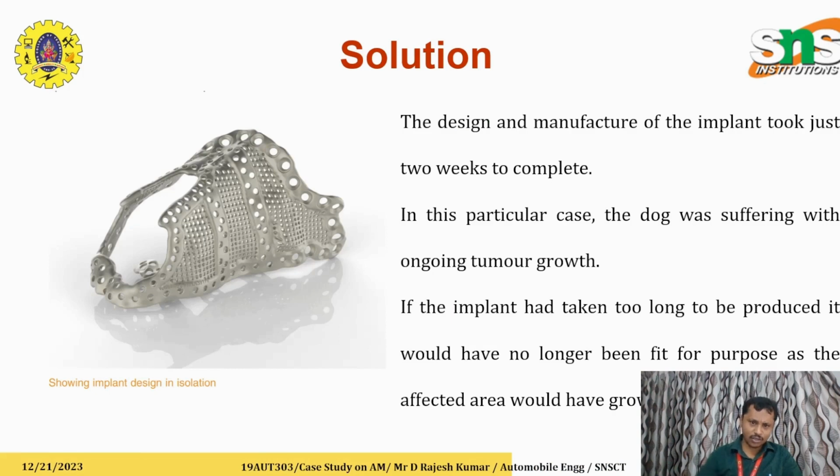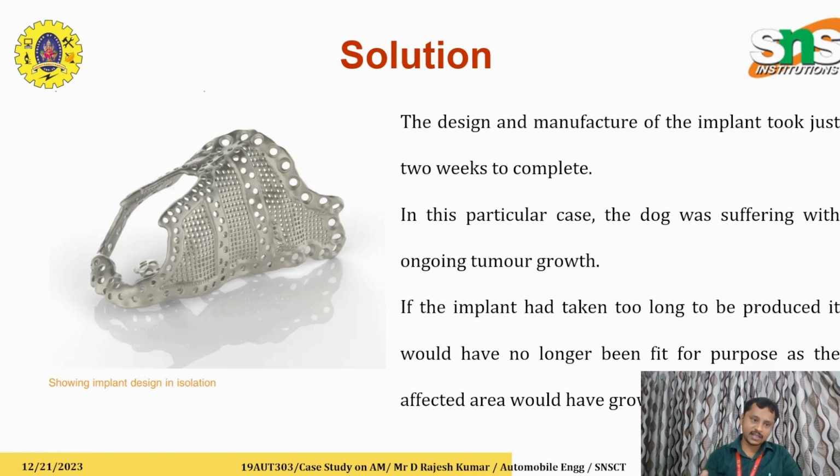As I told, the design and manufacture of the implant took 2 weeks to complete. In this particular case, the dog was suffering from ongoing tumor growth. If the implant had taken too long to produce, it would no longer have been fit for purpose, as the growth rate is high.